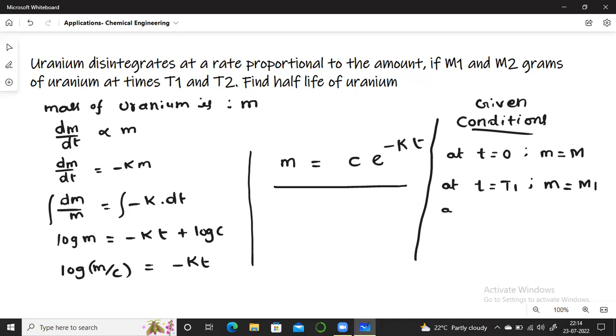He has given that at time t equal to t2, the mass of the body is m2.